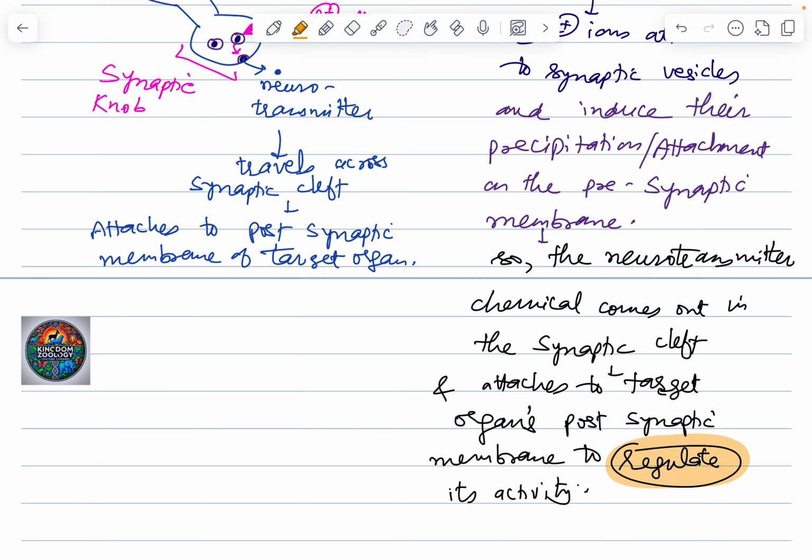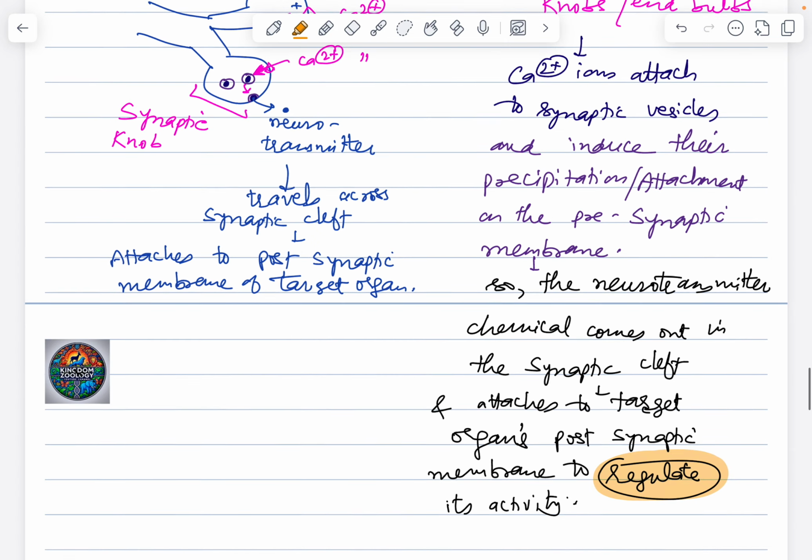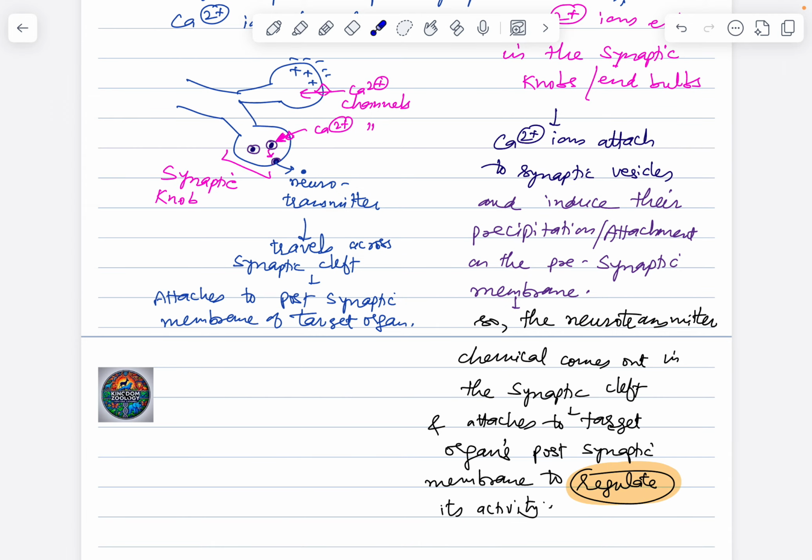Did we explicitly mention increase or decrease? No, because the neurotransmitter chemicals released by the neurons can actually be of two types: inhibitory, which will attach to the postsynaptic membrane of the target organ and stop the activity of the target organ; excitatory, the neurotransmitters that will go to attach to the postsynaptic membrane and stimulate it.